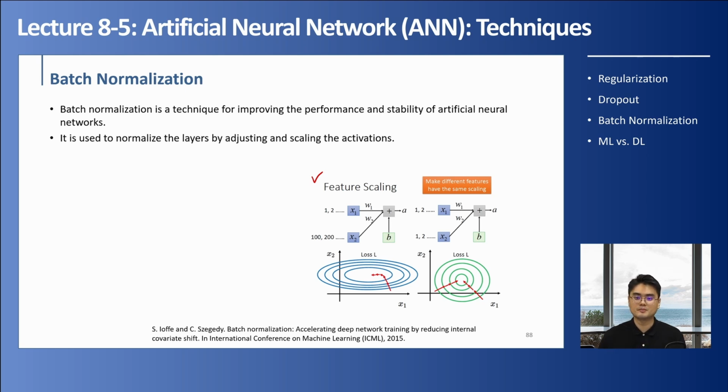Feature scaling is important because we are trying to make different features have the same scaling, and this helps the learning. For example, let's say x1 and x2 are the input features you have, and the scale of x1 is 1, 2, and the scale of x2 is 100 and 200. If you're trying to train your weights here, it could be difficult because your scales are too different.